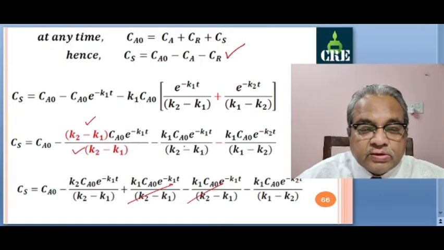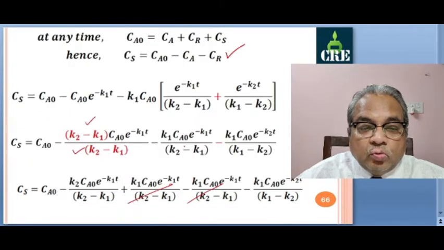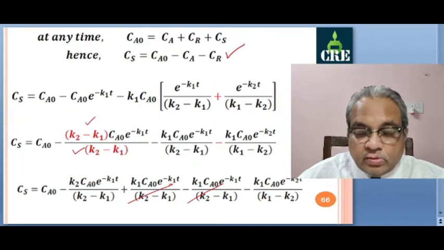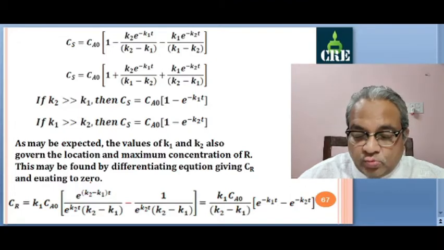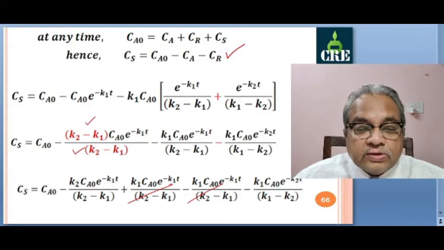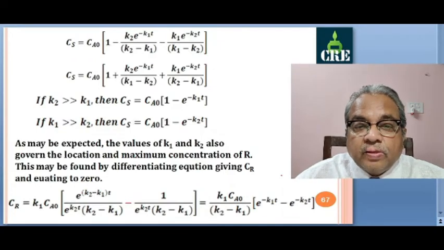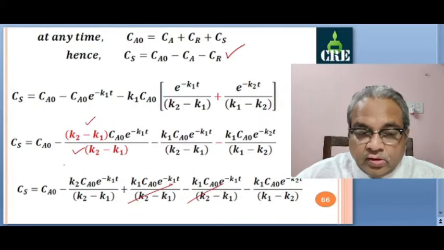So you are left with CS equal to CA0 into 1 minus, this CA0 you can take outside, K2 into e raised to minus K1t by K2 minus K1. Okay, so this term, and the last term, CA0 is taken out, so K1 e raised to minus K2t divided by K1 minus K2. So only CA0 we have taken outside.